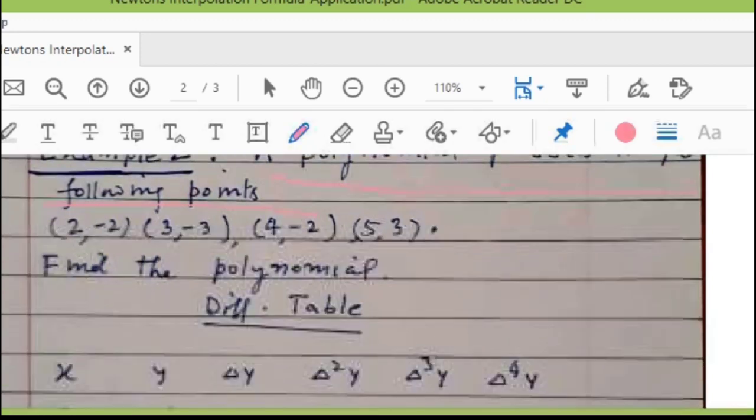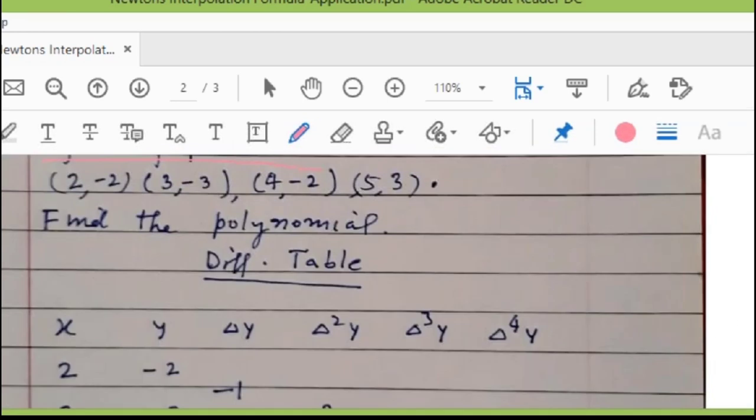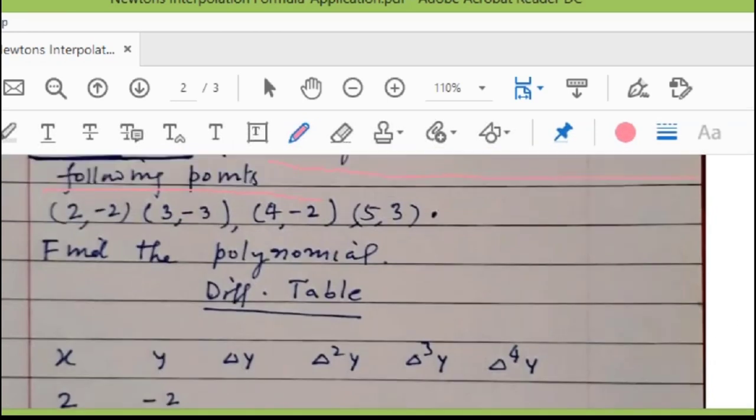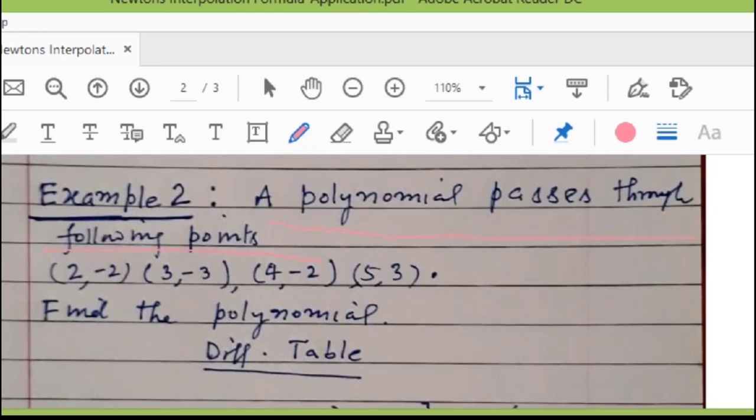So find the polynomial. We don't know the polynomial, but we know that it passes through 4 important points. Then what is the polynomial?